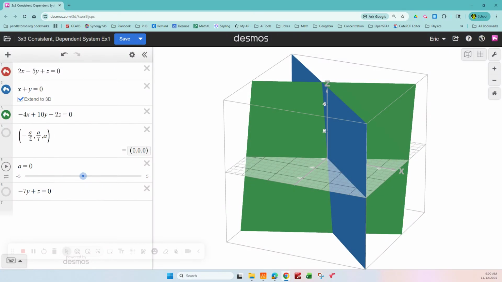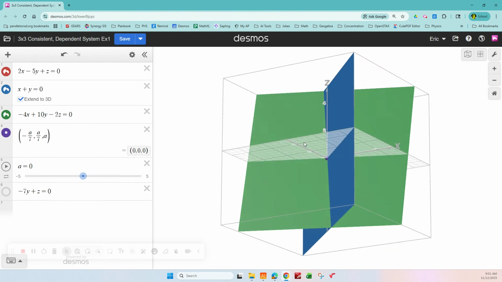If I pick ordered triples of the form negative, I chose A instead of z because Desmos won't let me use z in this case. Pretend that A is a z: negative z over 7, z over 7, z.